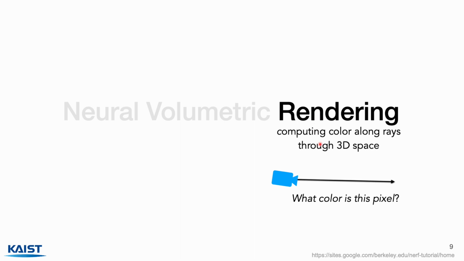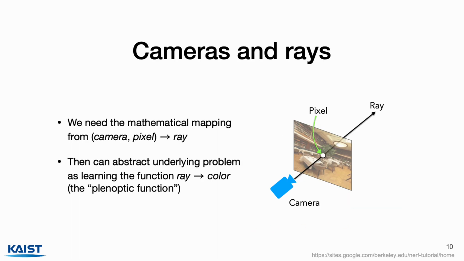What we want is to estimate the color of the pixel that is cast from 2D images. So we need a mathematical mapping from a camera to a ray for each pixel. And then another mapping we need is a mapping function from the camera ray to the pixel color, which learns the function the authors called a plenoptic function.